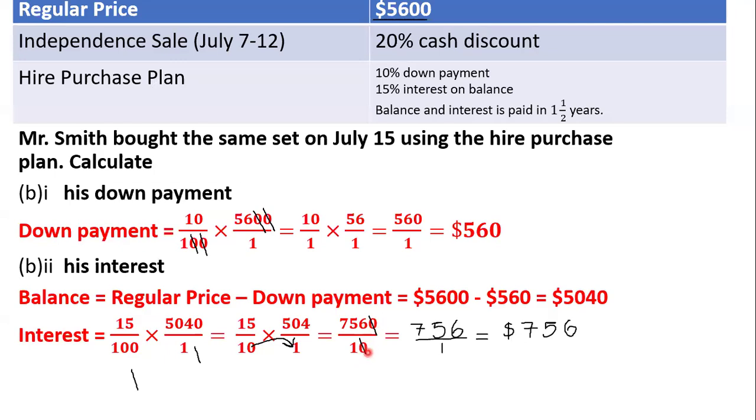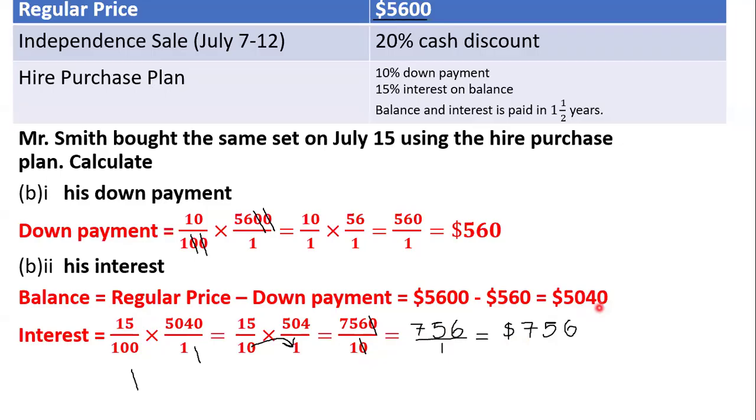We can cancel out the zeros at the end, which gives us 756 over 1, which is 756 as a whole number. Very good. So the interest is $756, and the balance is $5,040. That makes sense to you?